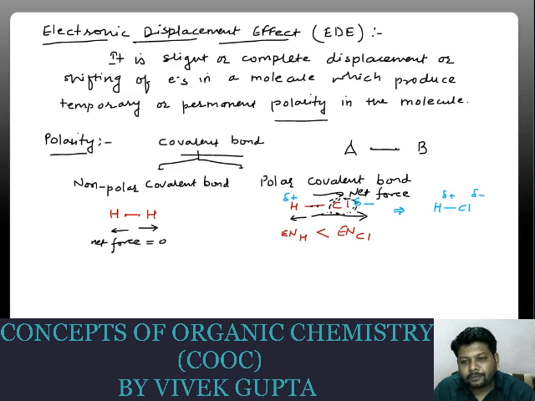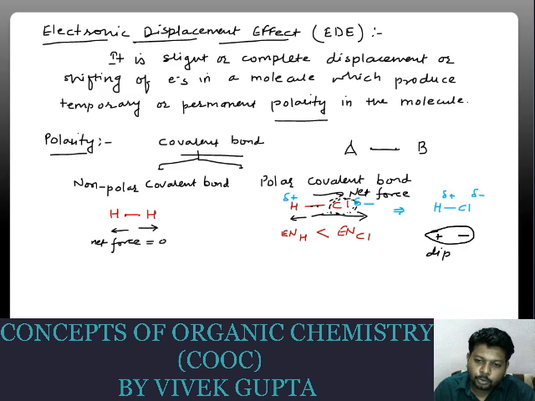So there is development of partial charges, or we can say the molecule has divided into two parts. There is a positive pole and there is a negative pole. Means the molecule is acting as a dipole. If I have to represent this molecule in the simplest possible manner, there will be a positive part and a negative part.